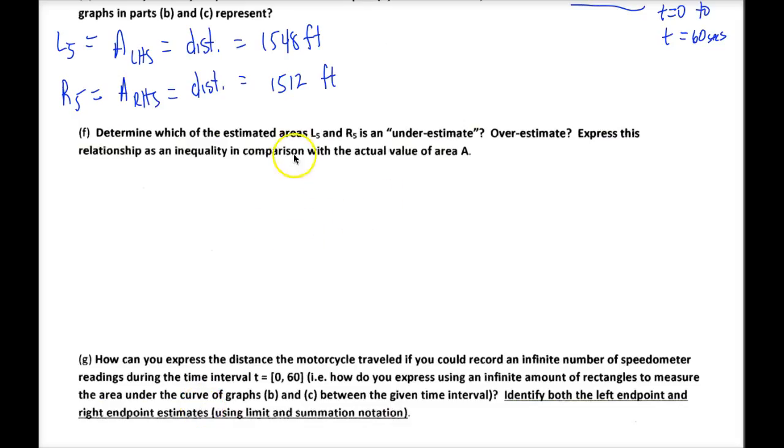All right, so now that we're back, we see that the left endpoint estimate is the overestimate. Let's just write that over. That's the overestimate, and of course the Riemann sum, or the right-hand estimate here, is going to be the underestimate for this.